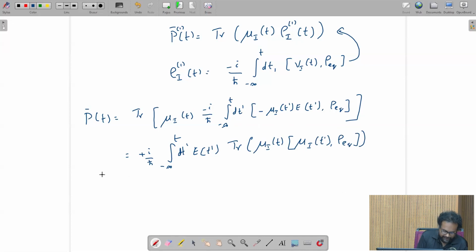Okay, now I can make a substitution. It's a bit of math. You can see my notes if you're interested. I'm going to say tau is t minus t prime, and I will use some relationships, commutator brackets.